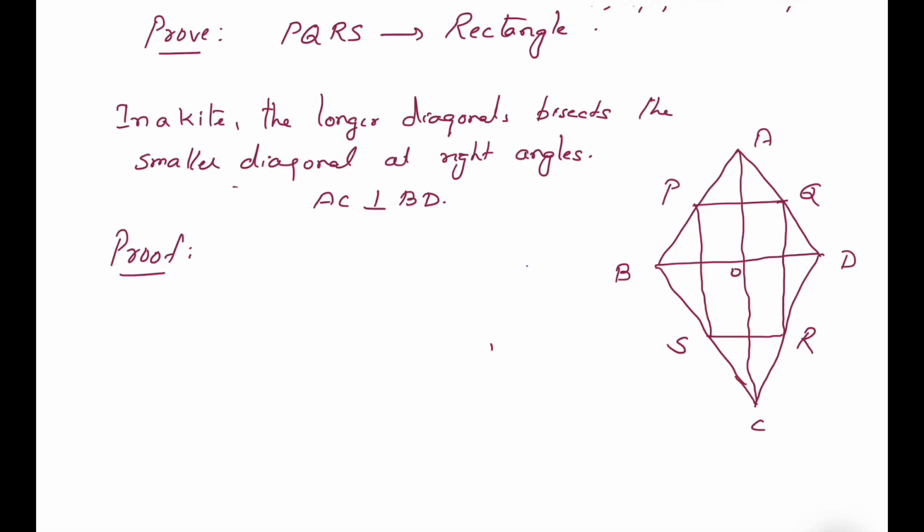So, the first thing you have to prove is that PQRS is a parallelogram. The proof you can refer from my earlier video. So, for all the questions like this, the first step will be you have to prove PQRS is a parallelogram.